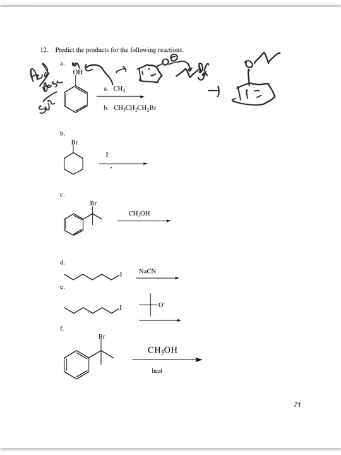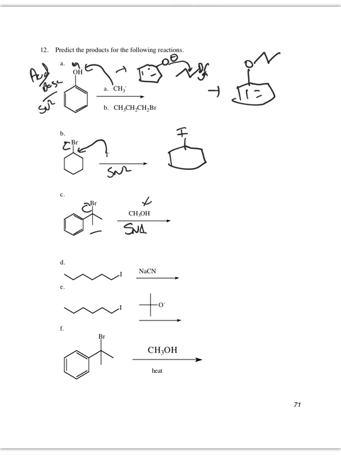In the next one, it's going to be an SN2 mechanism where the iodide comes in, kicks off the bromide, and we get the iodocyclohexane. In the third one, it's going to be an SN1 because we have a tertiary carbon. We have a weak base, weak nucleophile.